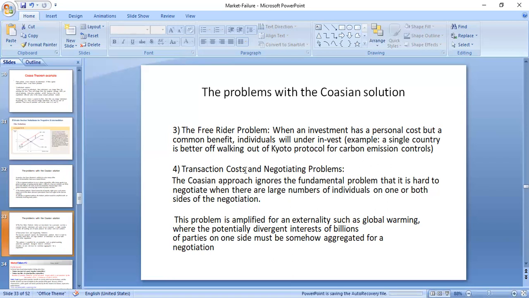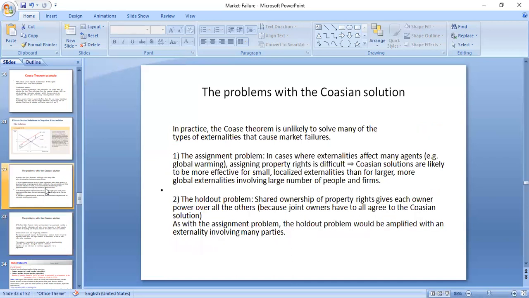But at the end of the day, when parties are agreeing, they have to incur costs in terms of documenting the agreement. So those costs have to be there, and he assumed that the costs were either low or almost not there. So the Coase theorem was criticized on that ground.